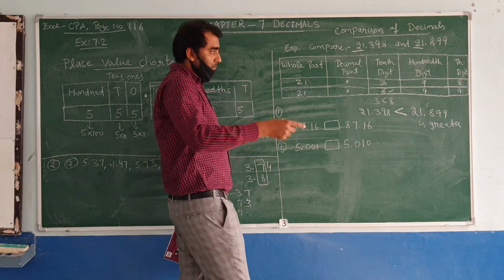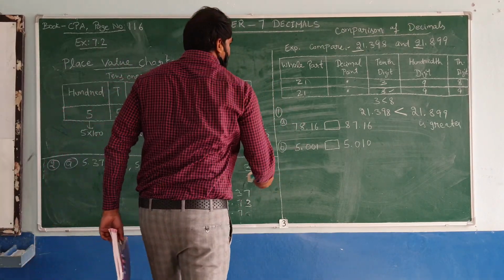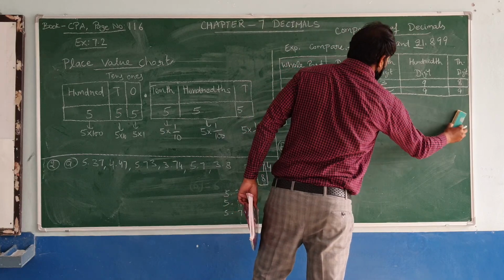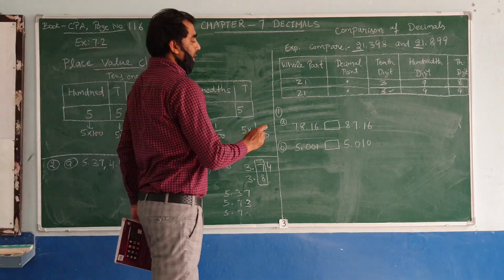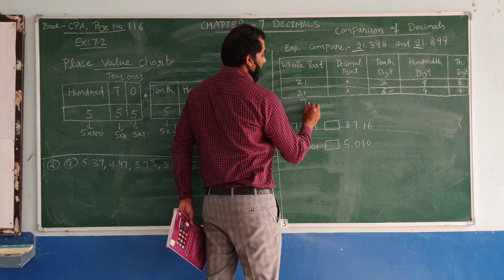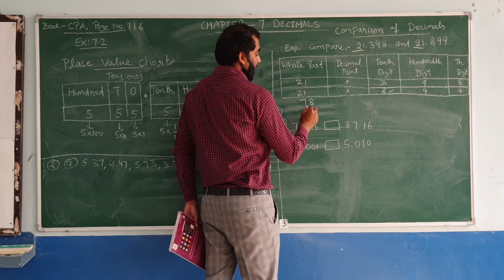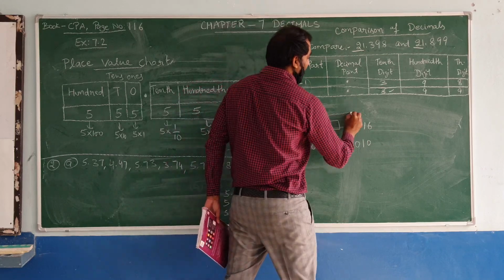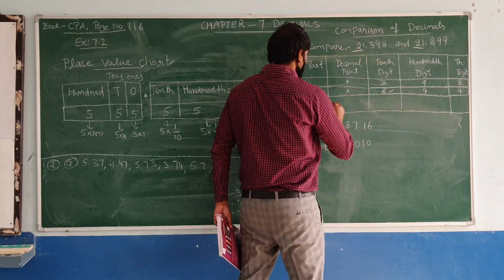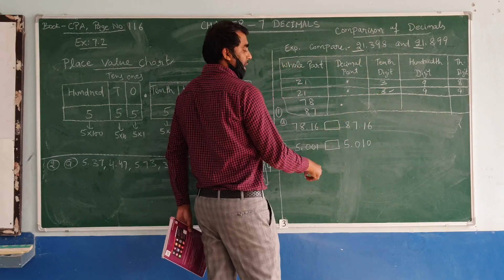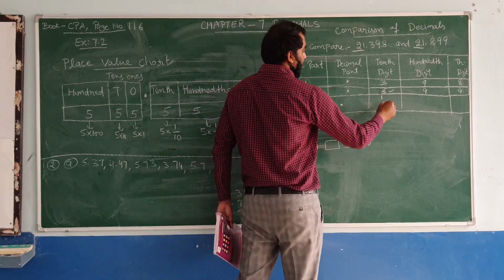78.16. We will draw here. It means whole part 78 and the second one is 87. So now is point. Second one is 1 and 1.